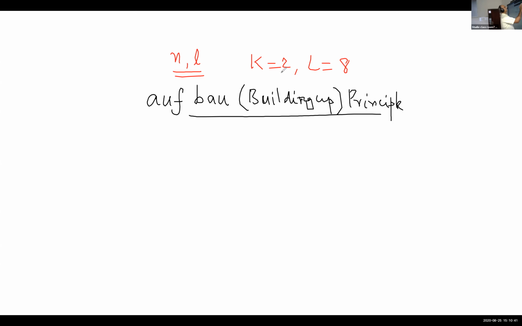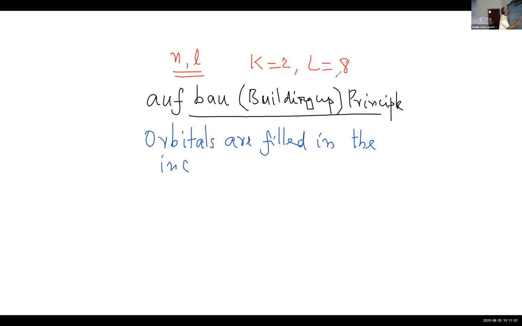The electrons are in the orbitals, so the orbitals are filled in the increasing order of their energies.